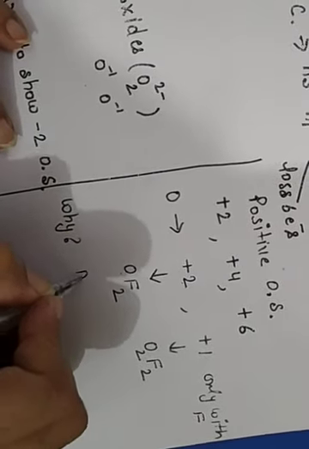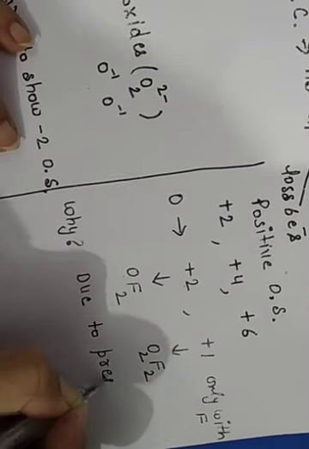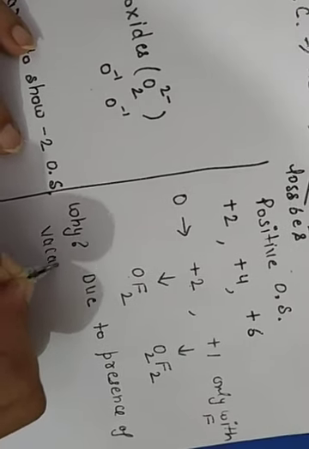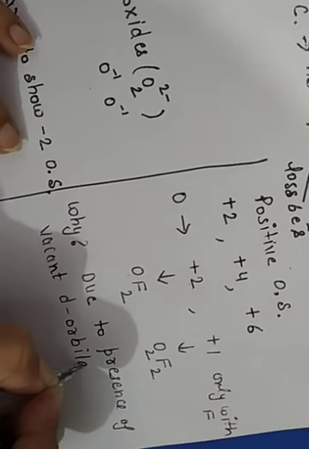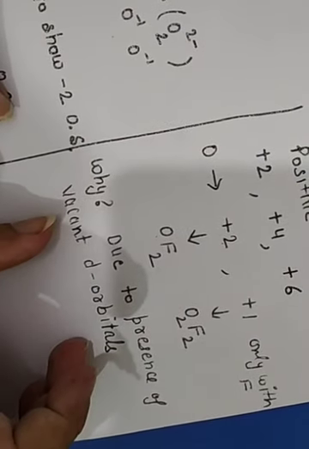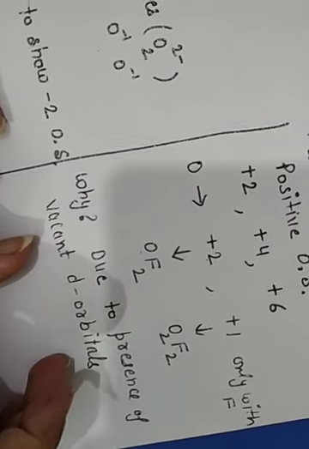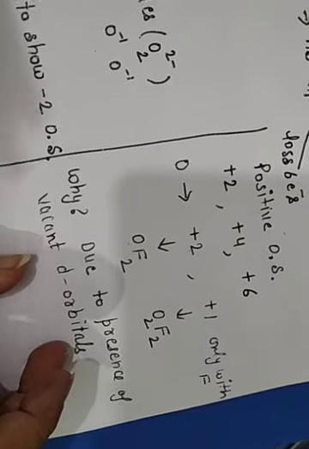Because of the presence of vacant d orbitals. Due to the presence of these d orbitals, electrons from lower energy orbitals are promoted to higher energy orbitals to make the desired number of half-filled atomic orbitals.